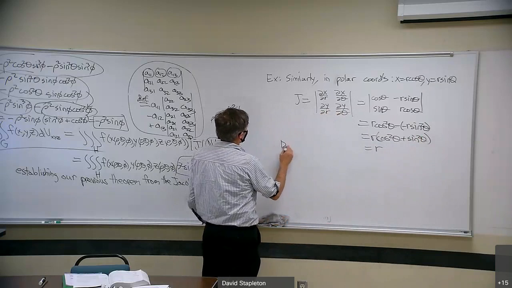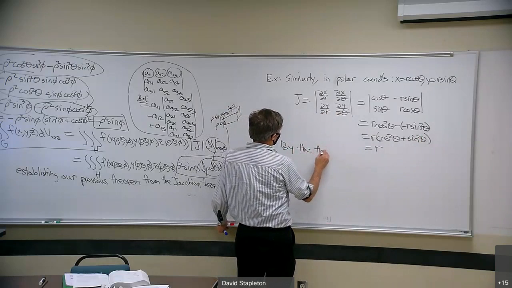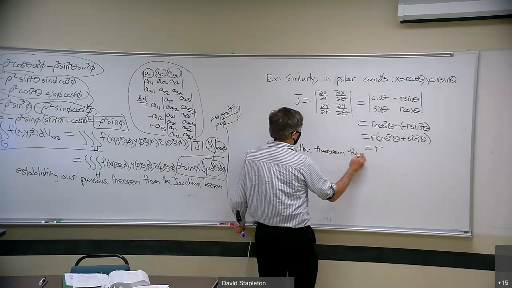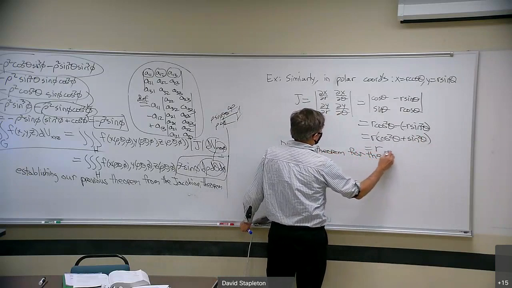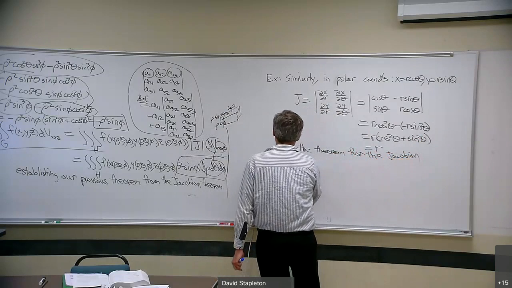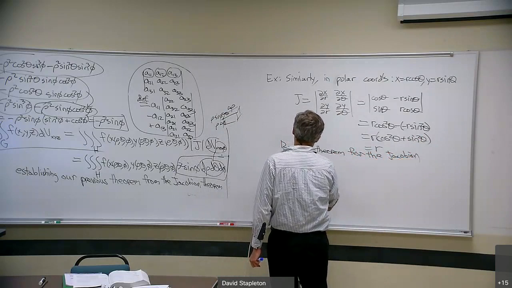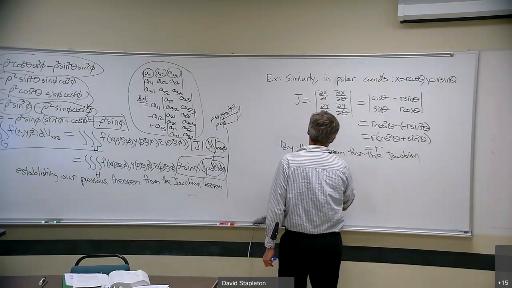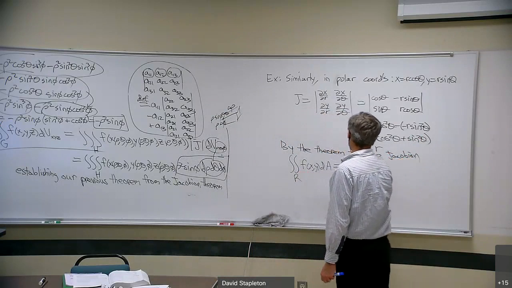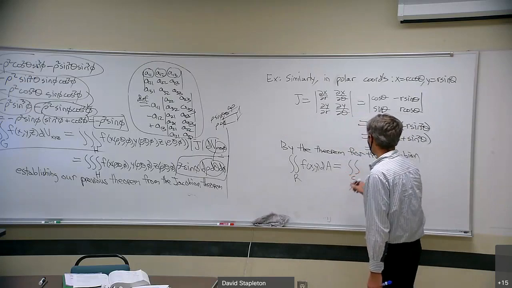Again, by the Jacobian formulation, the double integral in the plane of f of x, y, dA in rectangular coordinates over some region R can be rewritten as the double integral over the corresponding region that has that image.